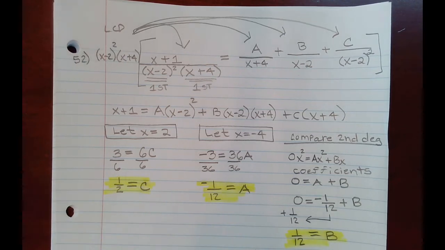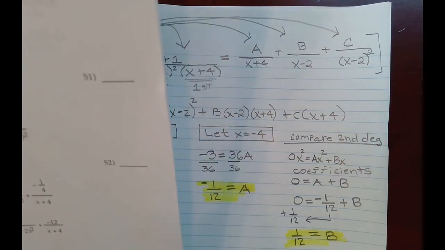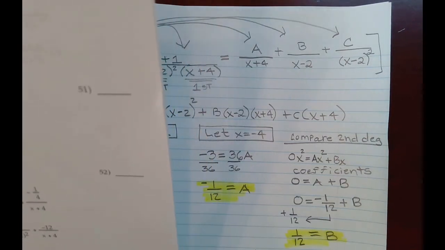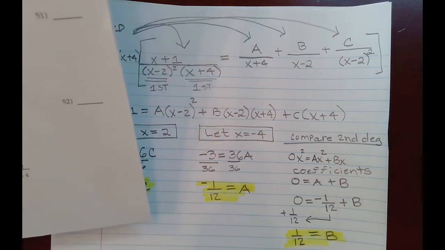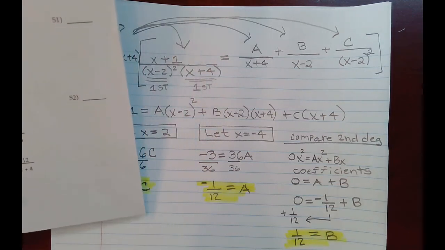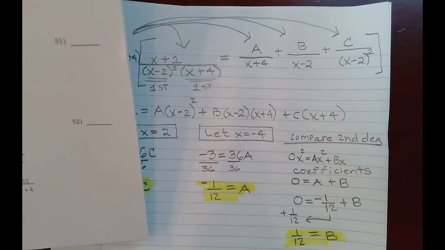And we're going to look for the answer that's like that for number 52. So let's see. A negative 1/12 with the x plus 4, a positive 1/12 with the x minus 2. The fractions don't have to be in this order, just as long as you have the correct numerator with the correct denominator.